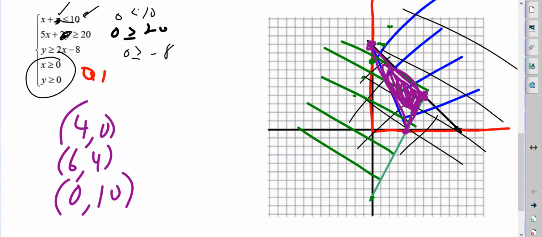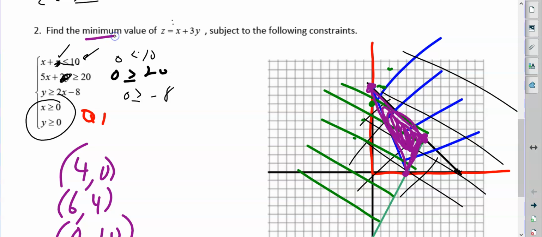Now we're going to plug these in. It says in the instructions to find the minimum value of z equals x plus 3y. So z equals 4 plus 3 times 0. Z equals 6 plus 3 times 4.